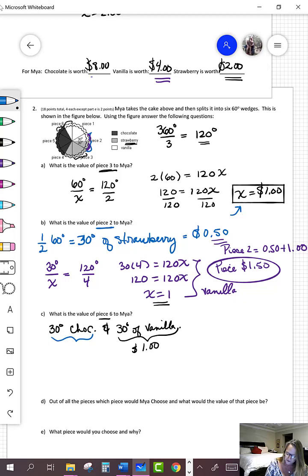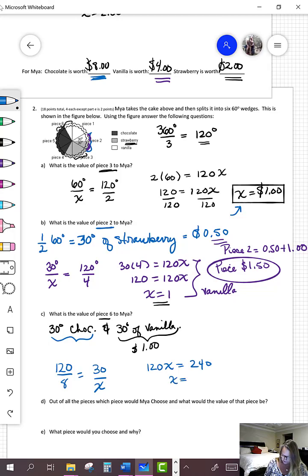We know that 120 degrees of the chocolate is worth $8. So 120 over 8 is equal to what? 30 degrees is the cost of what? If we cross multiply here, we get 120x is equal to 30 times 8, which is 240. Divide by 120, we get x is equal to $2.